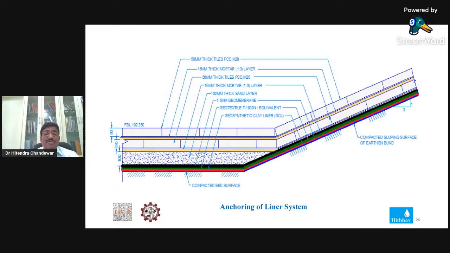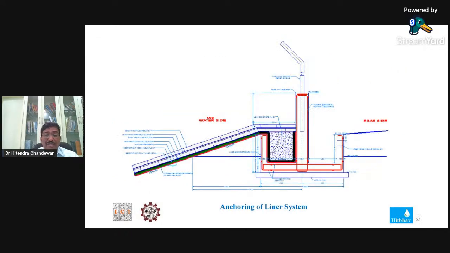The sand layer gives a cushioning effect, because during desilting small trucks are going to run on the bed, so we have provided some cushion to the liner. Then again the two tile layers you will find here. So this is the liner system we have recommended.